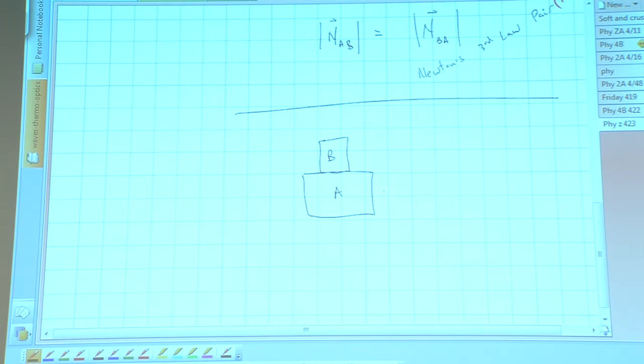And we're pulling object A to the right. There has to be some acceleration in this case. So let's make this surface frictionless. But this surface has friction. And we're pulling with some force F.